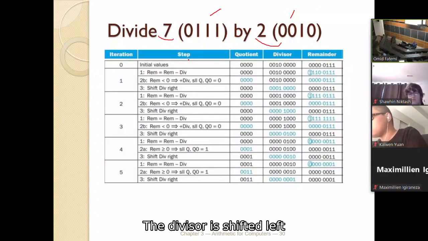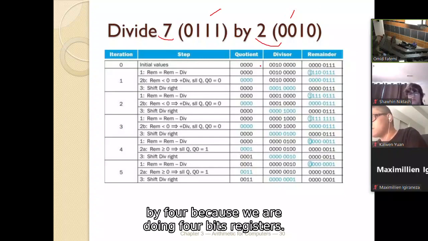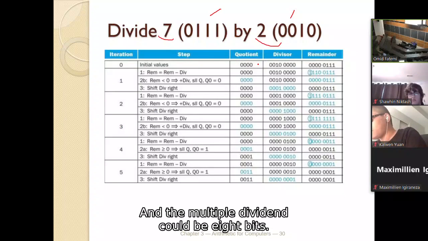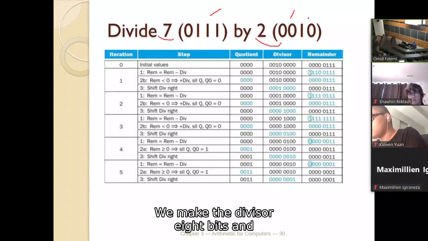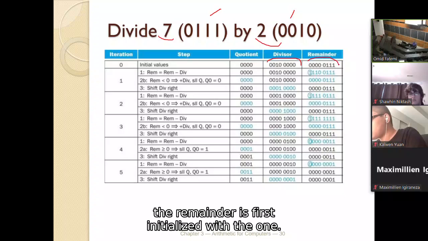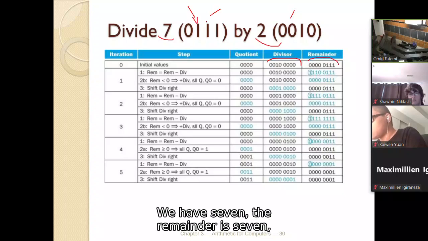The divisor is shifted left by 4, because we are doing 4-bit registers, and the dividend could be 8 bits. So we make the divisor 8 bits, and the remainder is first initialized with the one we have, 7.